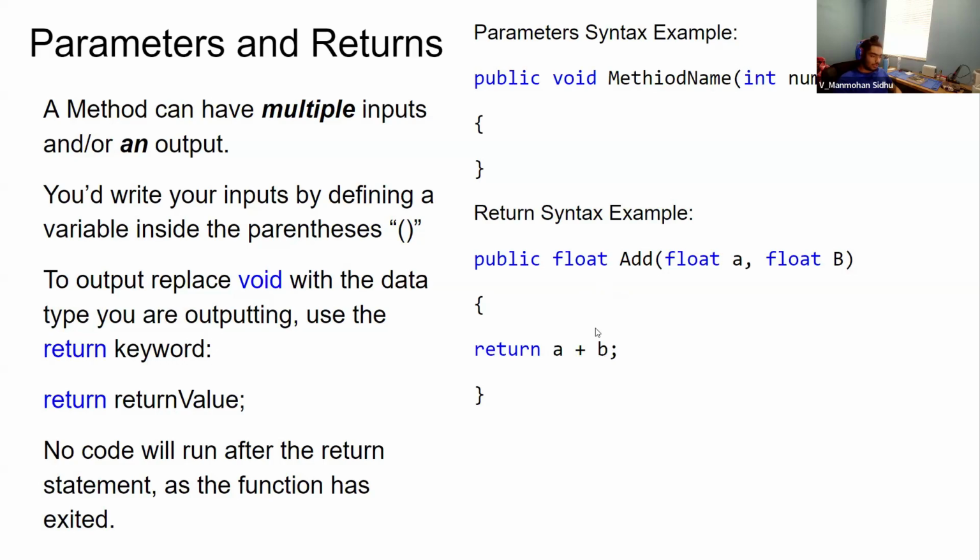Notice how we're returning a float because a float plus a float is another float. But looking up here, where in the previous example we had void, we have a float. So the syntax of a method that returns some sort of value, whether it's public or private, has the data type that it returns, and then you have everything else.